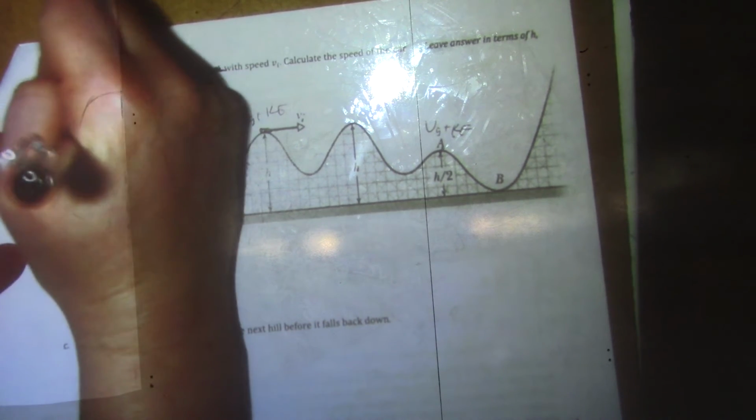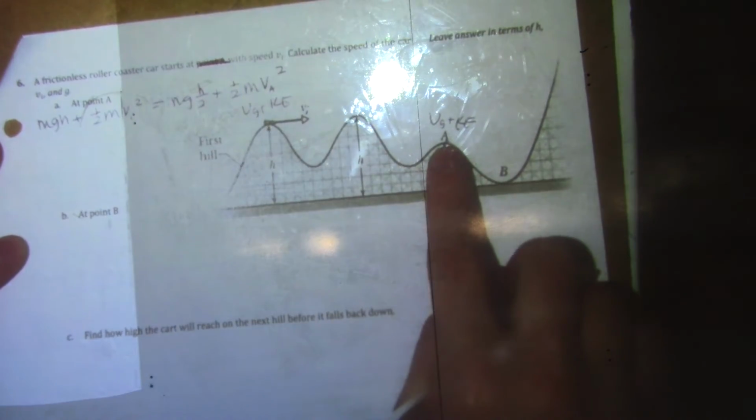So I'm going to start with mgh plus 1/2 m vi squared, that's the beginning, goes to, here I have mgh over 2 plus 1/2 m va squared, because we're going to have multiple velocities. I'm looking for the velocity at point A. m cancels out. Most people like to get rid of the halves, so I'm going to multiply everything by 2.